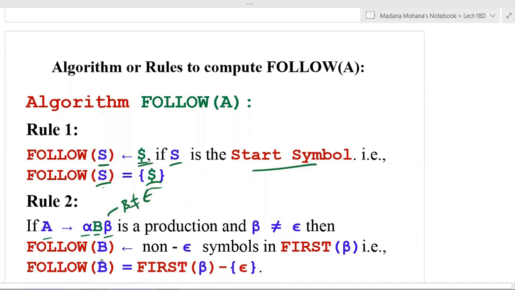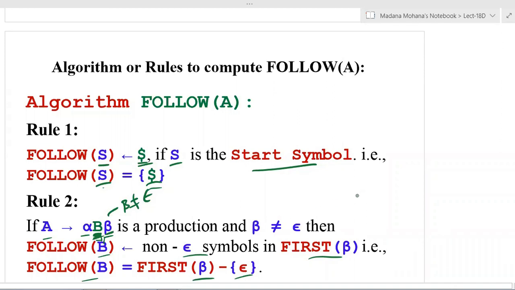Then follow of B equal to the non-epsilon symbols in first of beta. So here you can find first of beta, whatever the beta value. Other than epsilon, those first values are added to follow of B. Therefore, follow of B equal to first of beta minus null.